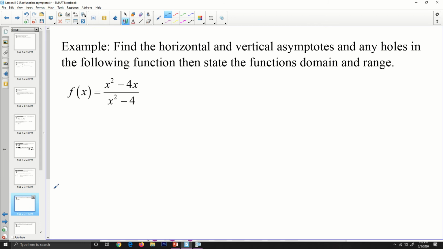So as a quick example here, we're going to find the horizontal and vertical asymptotes and any holes in the following function, and we're going to state the function's domain and its range. All right, so the first thing I want to do is factor this thing, both the numerator and the denominator.